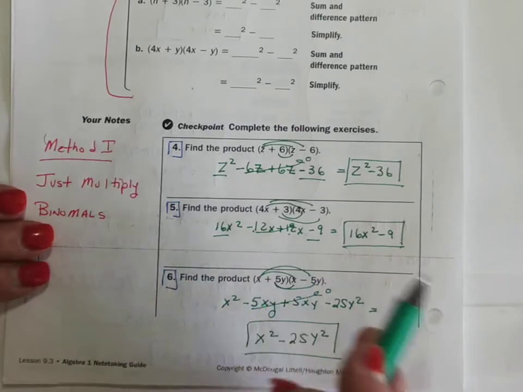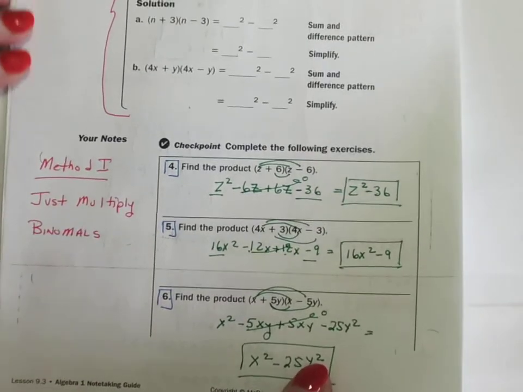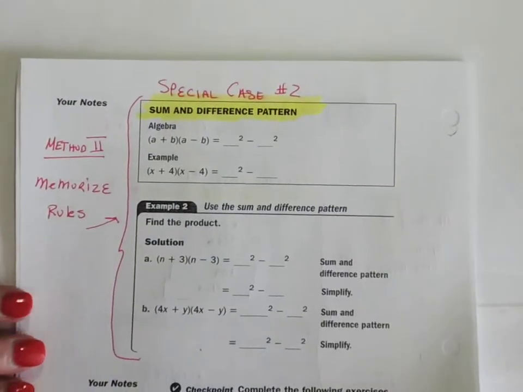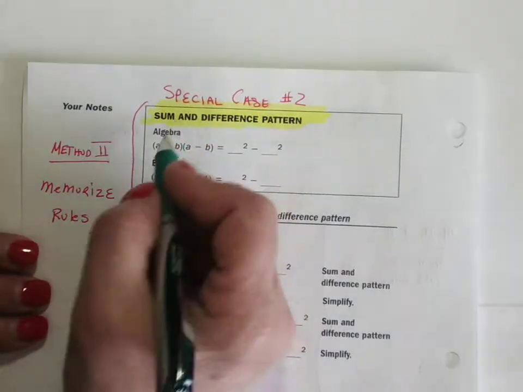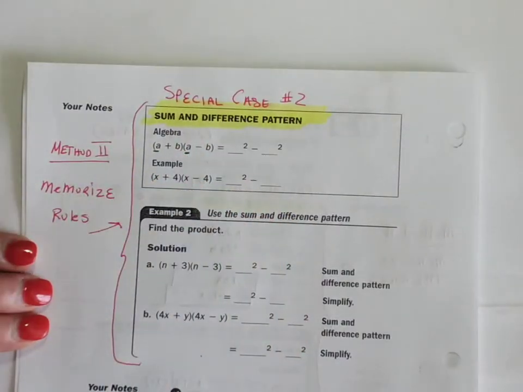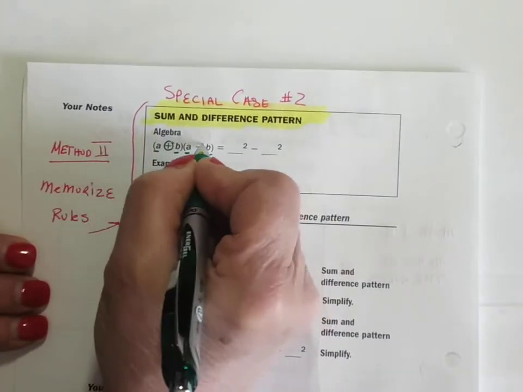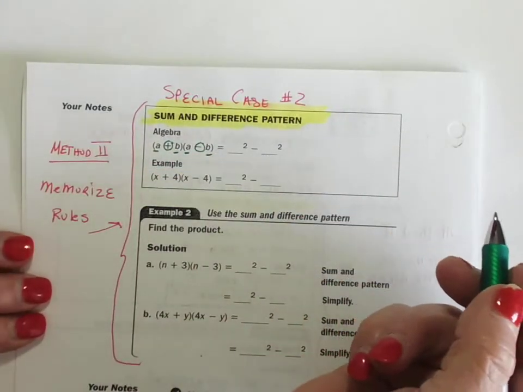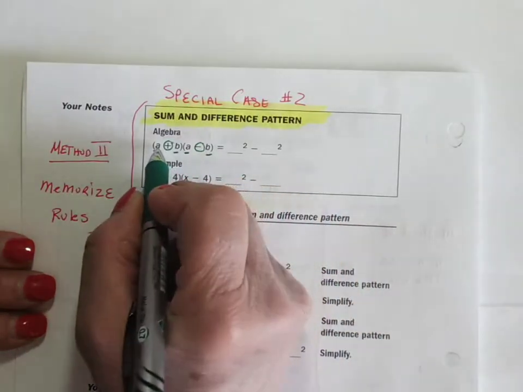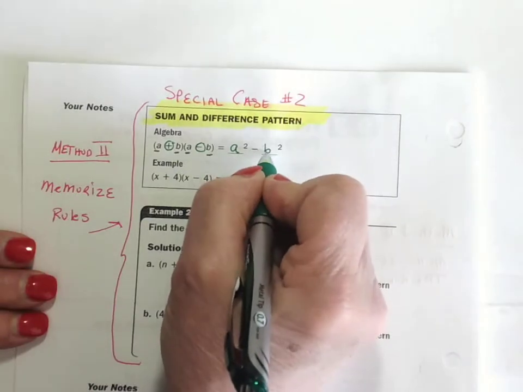When that happens, the middle term always drops out. So going back to these rules, I have the same first terms, the same last terms, and opposite signs. When that happens, I'm going to get a squared minus b squared.